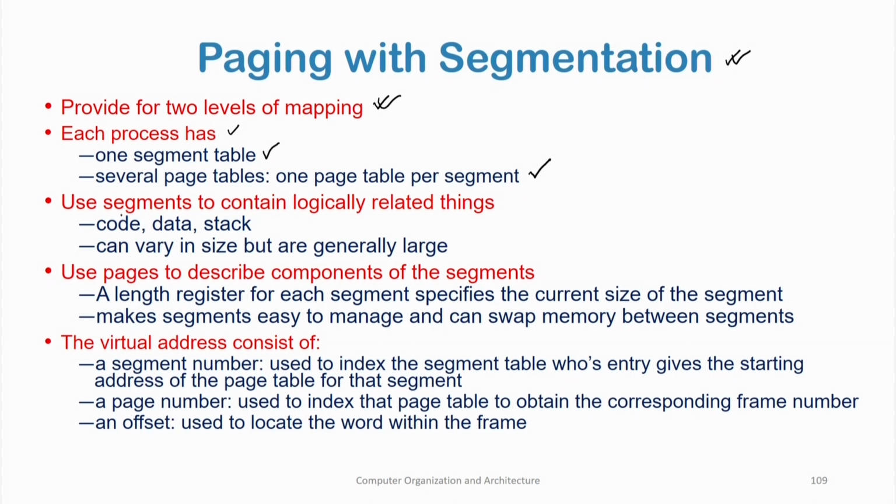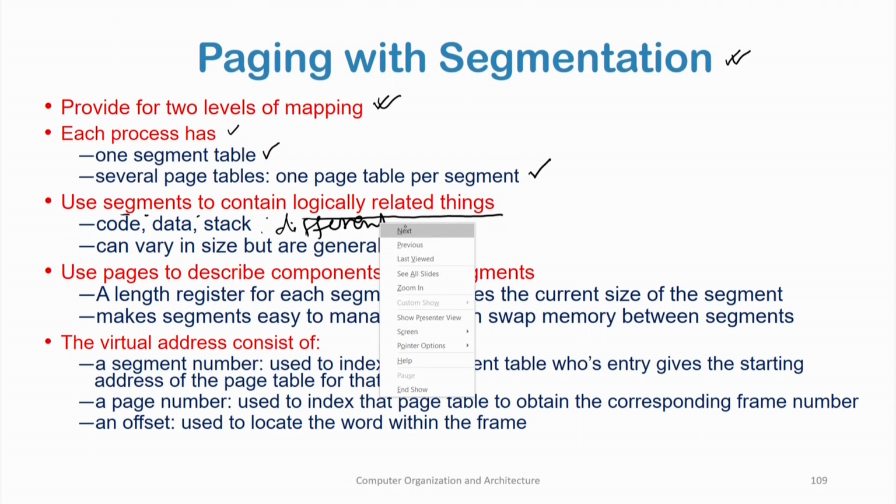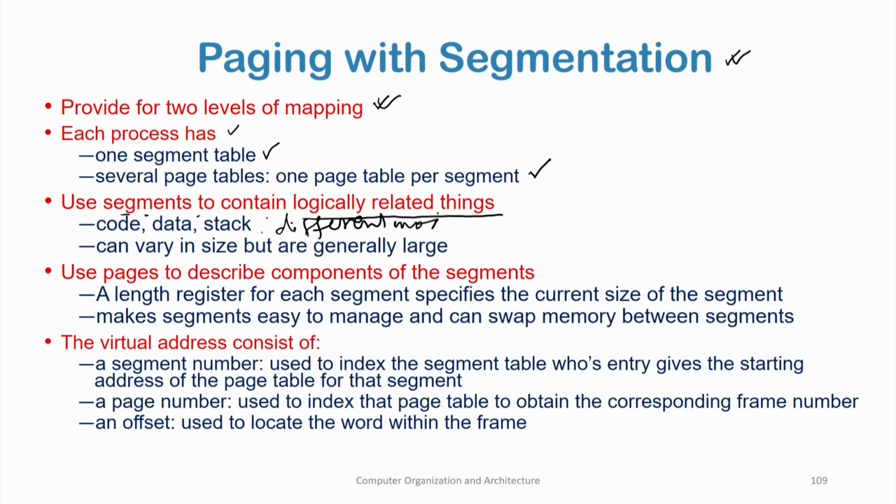We use segments to contain logically related things. For code, data, stack, and different modules, we use separate segments. For each of the different modules and each of the libraries required by this process, we will use a separate segment. The segment size can vary, but they are generally large.